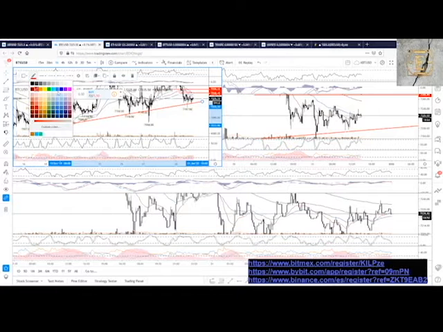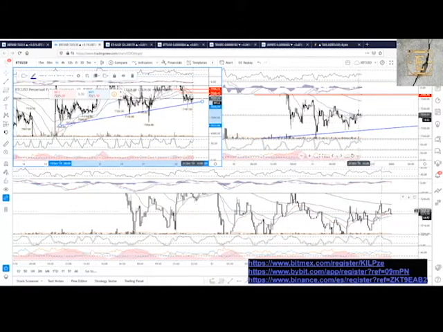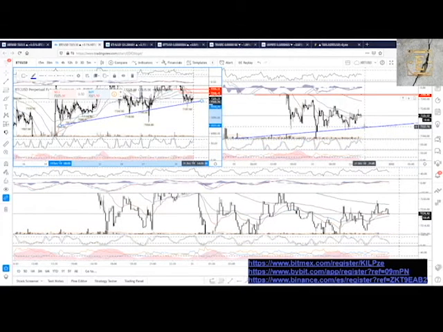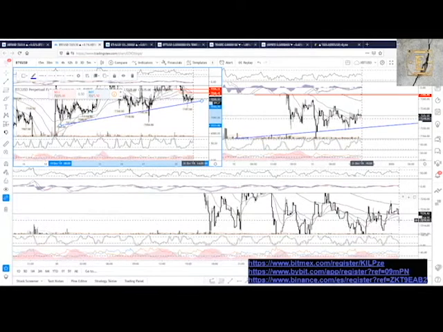Or what is smarter is to exit over here, maybe, and re-enter using the moving average.